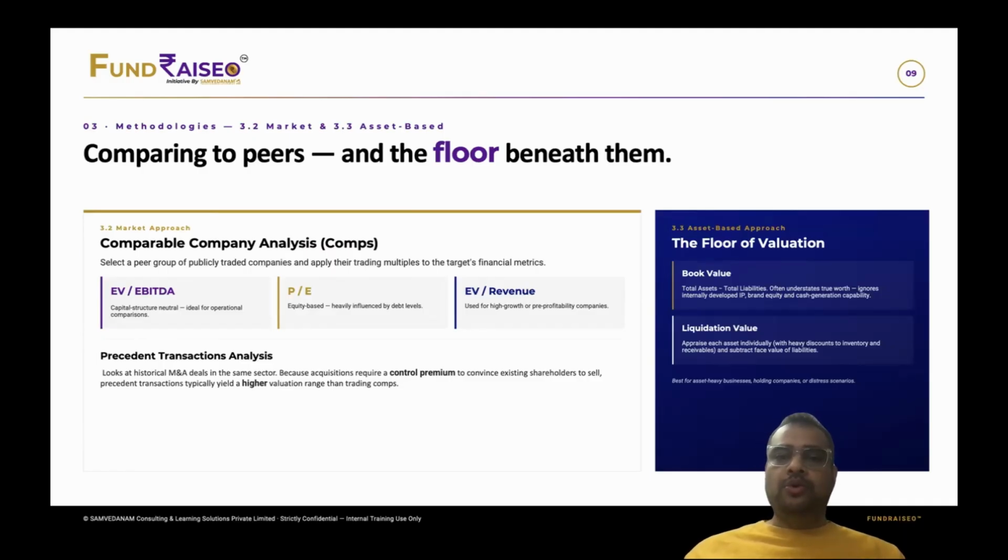But this methodology often understates the true worth of the company or the asset, because it is not able to internally calculate the brand value which the company might have built. So there is no valuation counted on the brand value. If the company has certain kind of an IP, it ignores the IP as well. If it is also generating any future cash flows, it ignores all the future cash flow generation capacity. So book value can only be assessed to a certain level.